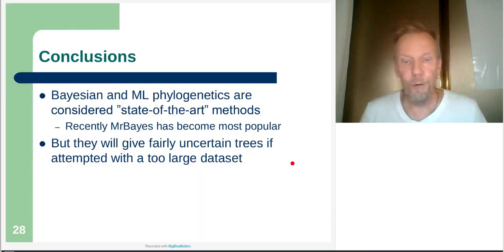And as conclusions of the probabilistic methods, both of these model-based phylogenetic methods are considered to be state-of-the-art, or the best known methods at the moment. And Mr. Bayes has been probably the most popular for the past 5 or 10 years.